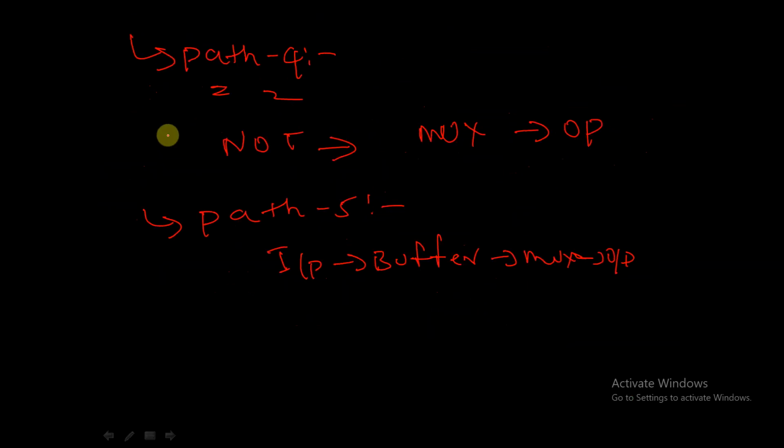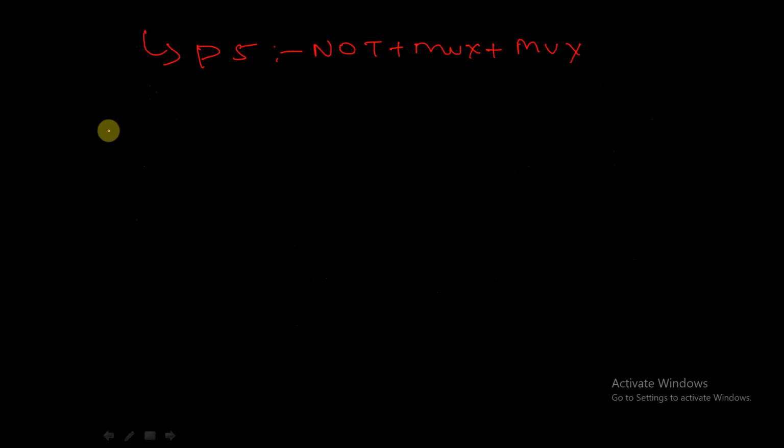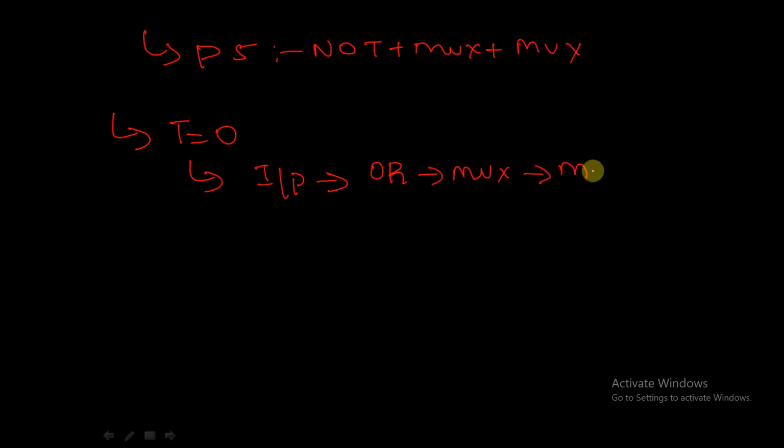Are you getting what I'm explaining? So if T is equal to 0, the path will be input to OR gate to multiplexer, multiplexer to multiplexer to output.